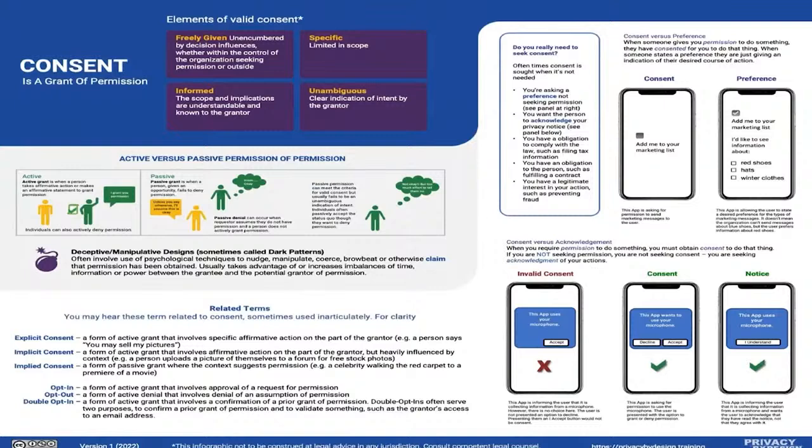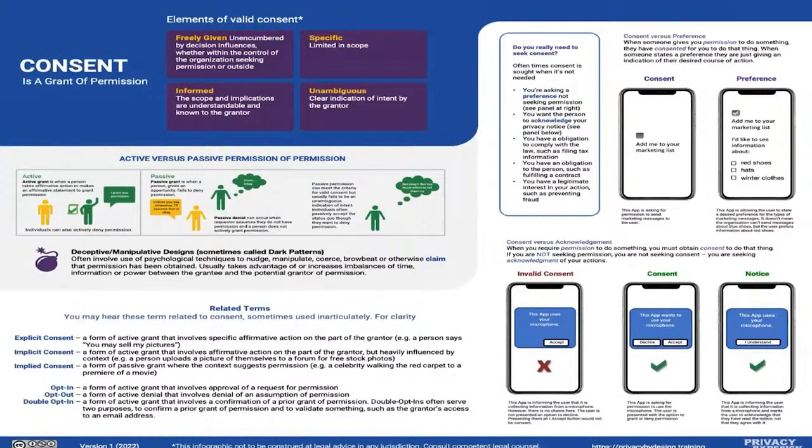So implicit consent involves affirmative action on the part of the grantor, but heavily influenced by the context, right? For example, uploading a picture of themselves to a forum for free stock photos. And implied consent is when you passively grant your permission as part of this activity just because you are part of that particular action, right?